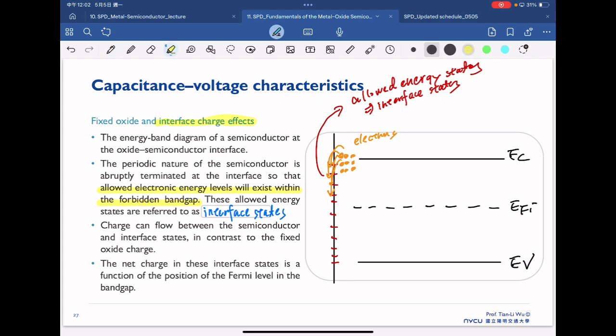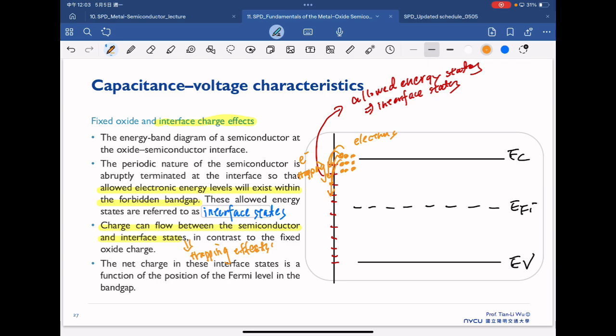So the charge can flow between the semiconductor and interface state, and this will cause the issue of electron trapping. So that's the very famous trapping effects here.